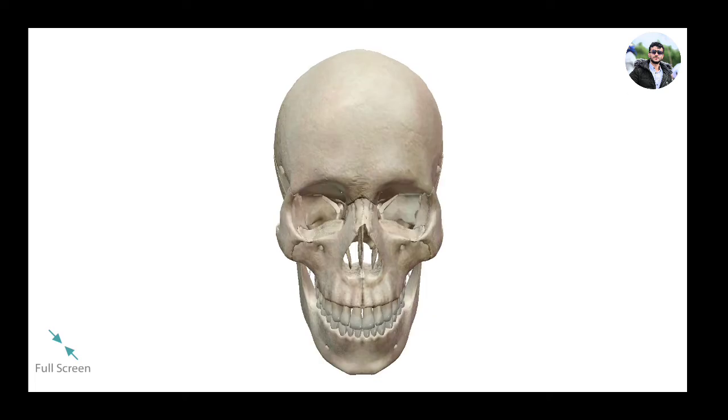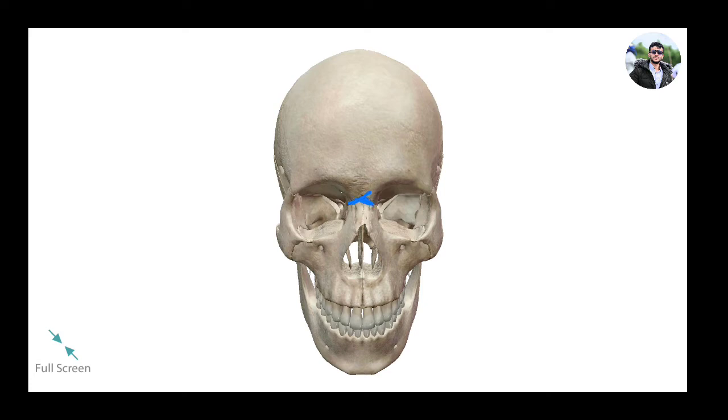After we talk about the bones, now we'll focus on the sutures that articulate between every bone and connect them to each other. We'll start with this point. This is a small point.